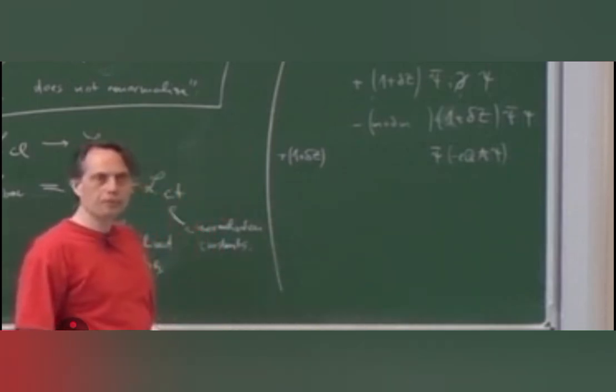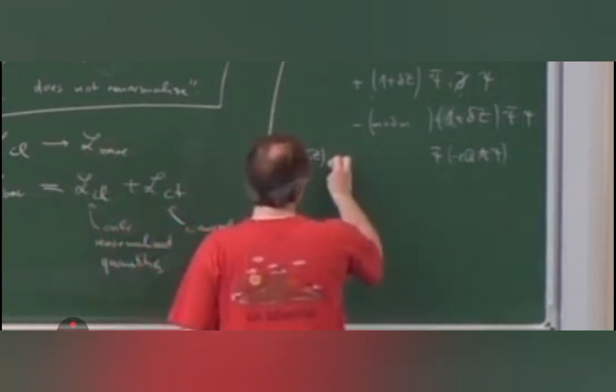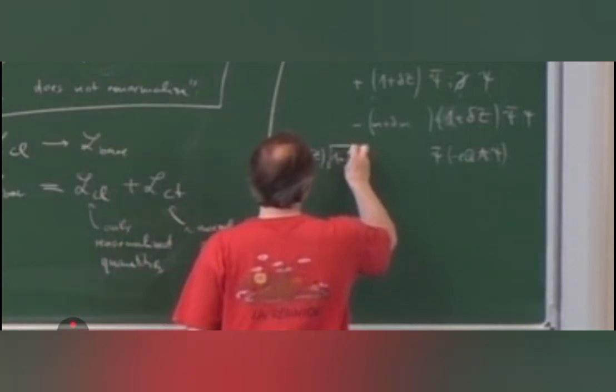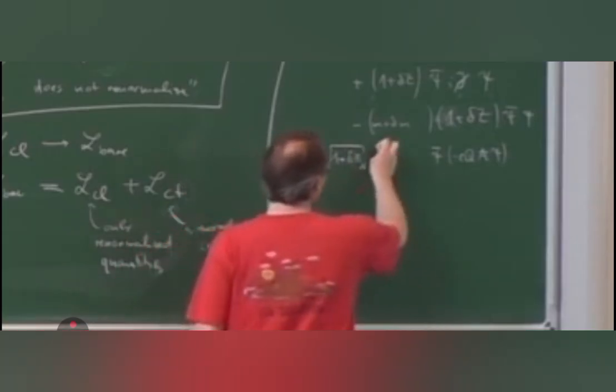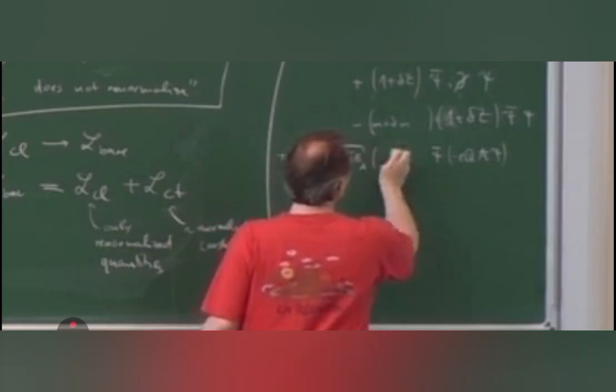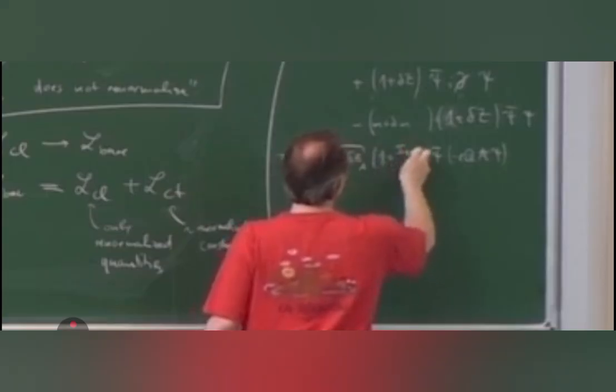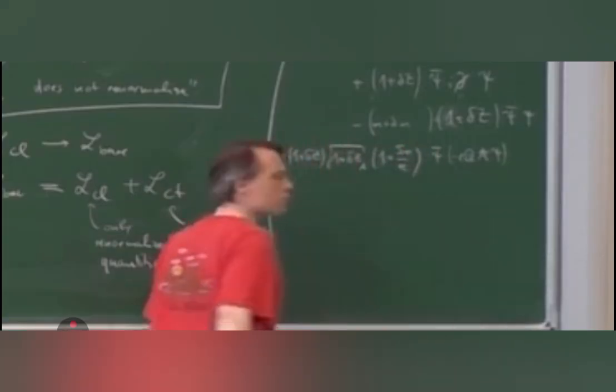You also get the term square root of 1 plus delta Z_A from the photon, and you get the term times 1 plus delta e over e from the charge renormalization. Right? So this is what you get.